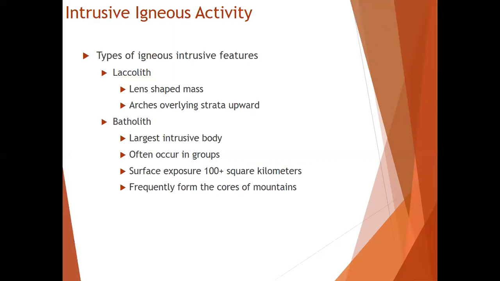Sometimes you'll find ones that are smaller than this that are referred to as stocks, and those are just a smaller batholith structure. They tend to be composed mainly of granitic structures, felsic and intermediate rocks. And batholiths may be the structure that underlies a volcanic mountain.